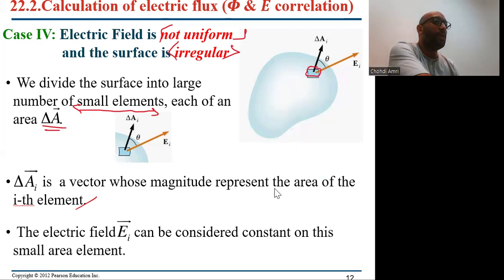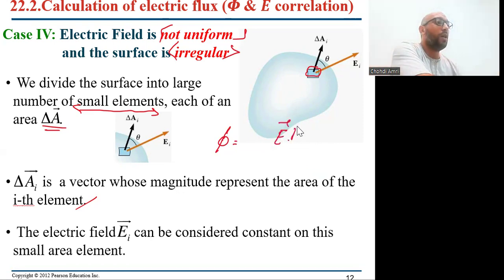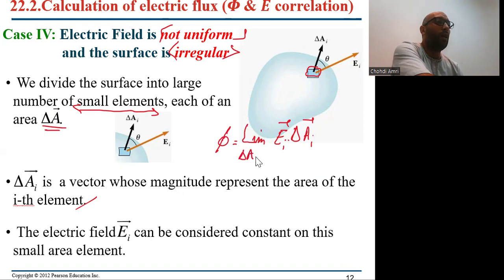What we're going to do in this case, phi will be the dot product between E and delta A. But as I said, into small elements. So let's write here E_i dot delta A_i, in the limit as delta A tends to 0.